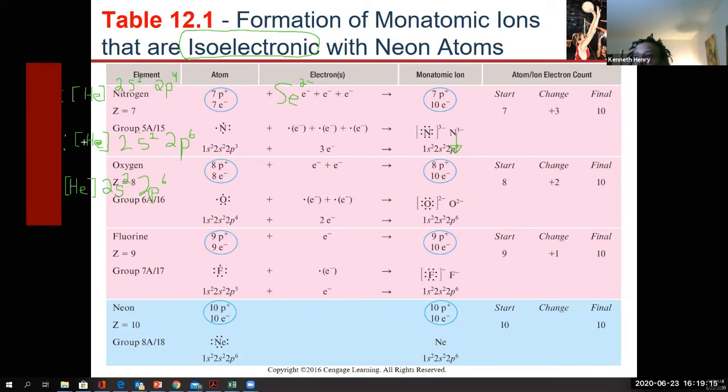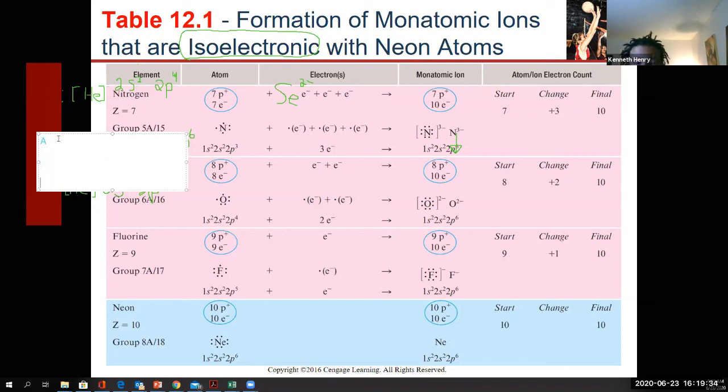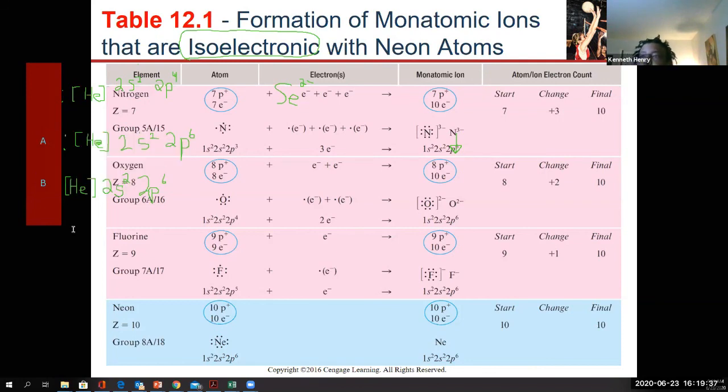Okay, now look at these two. Can you tell them apart?